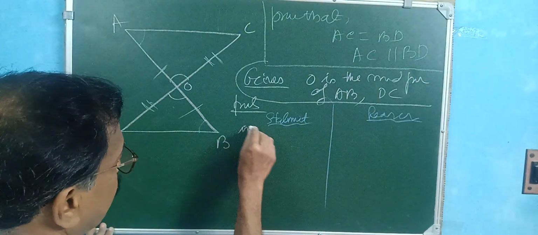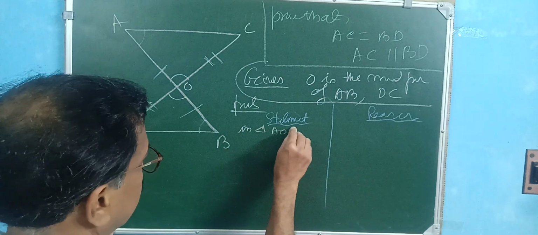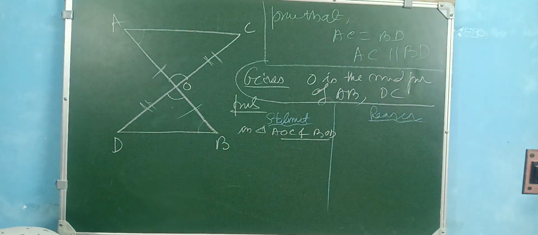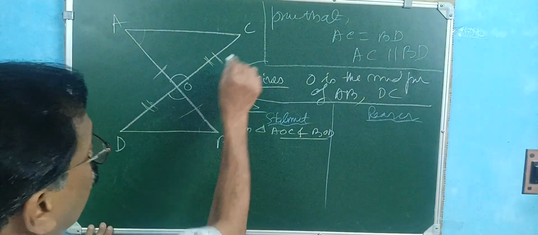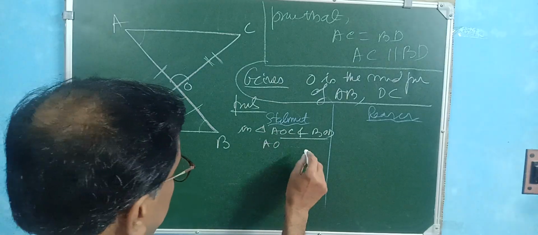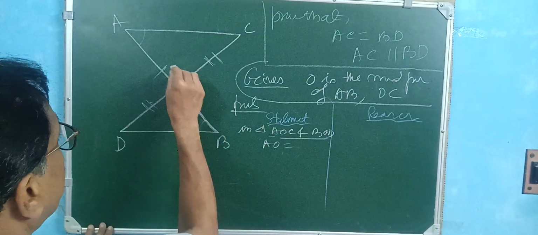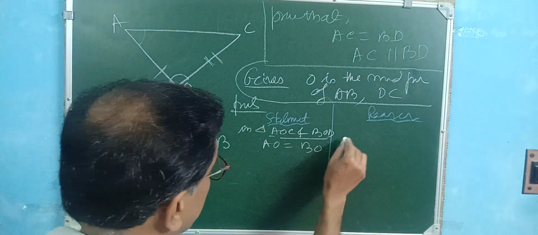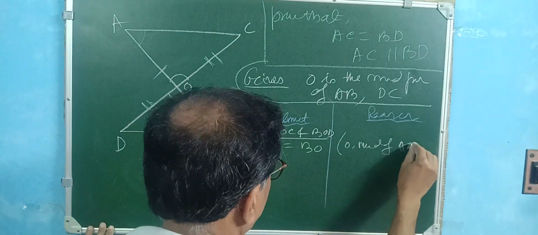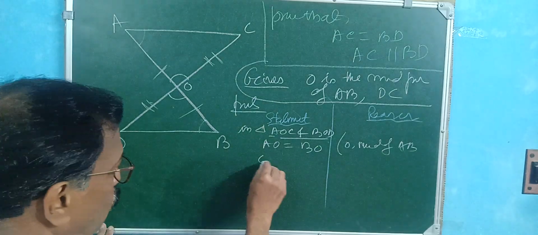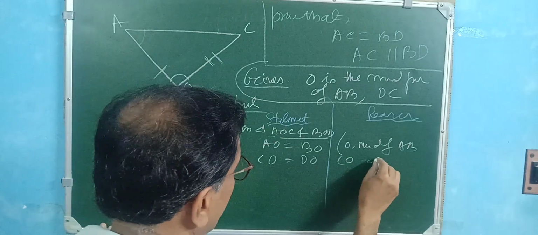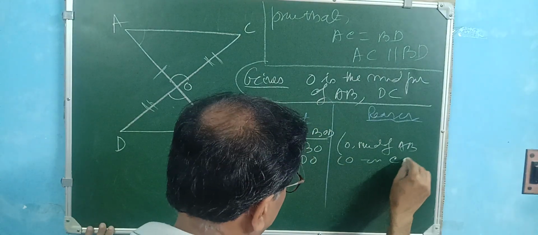এখানটা লিখছি in triangle AOC and triangle BOD, দুটোর মধ্যে আমরা কি লিখছি? ফার্স্ট AO is equal to BO, because O is the midpoint, reason: midpoint of AB, one given হয়ে গেল. এবার CO, this side equal to DO, same, O is the midpoint of CD.